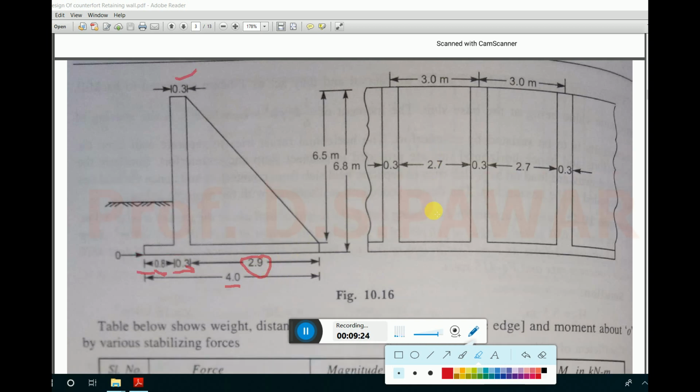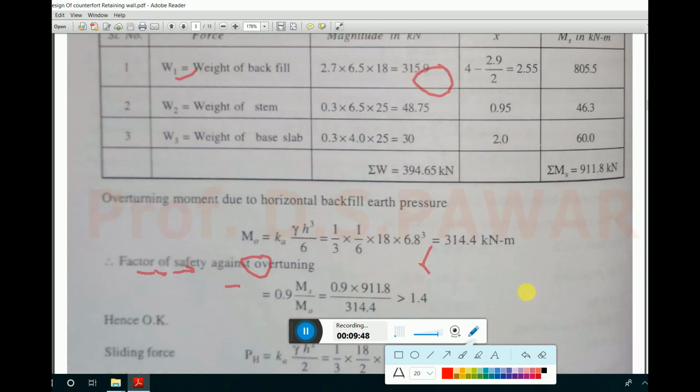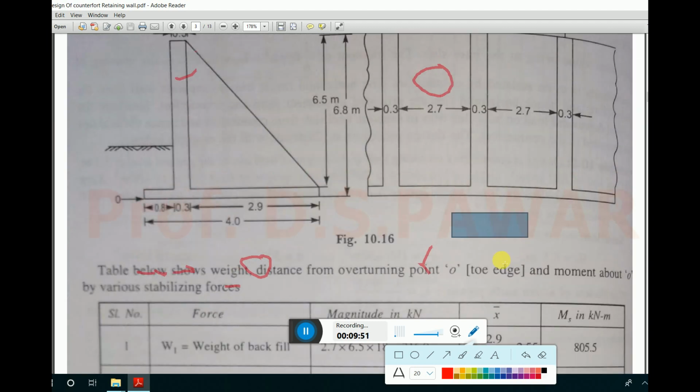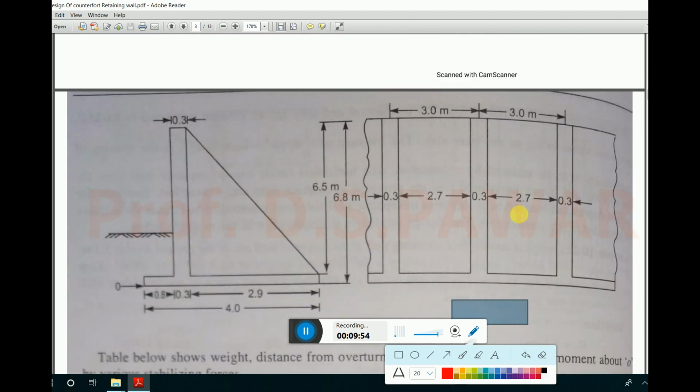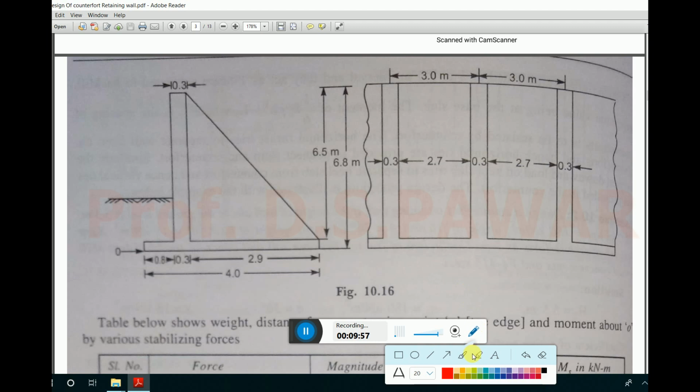And in plan you can see the stem, and these are the counterforts which are placed at a distance of 3 meters center to center.